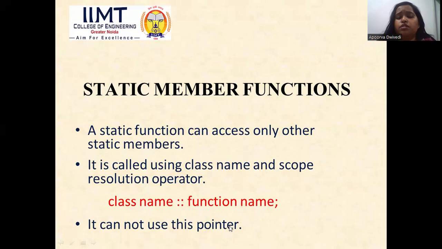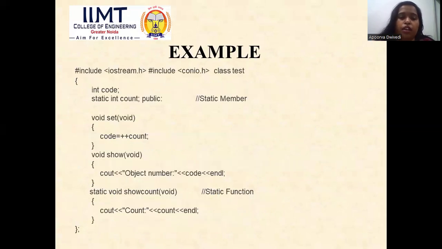It cannot use the this pointer. The this pointer, we know, indicates the current instance, and since there is no instance, it does not use any this pointer. Now here there is a static member whose name is count. We are making two members, count and public.